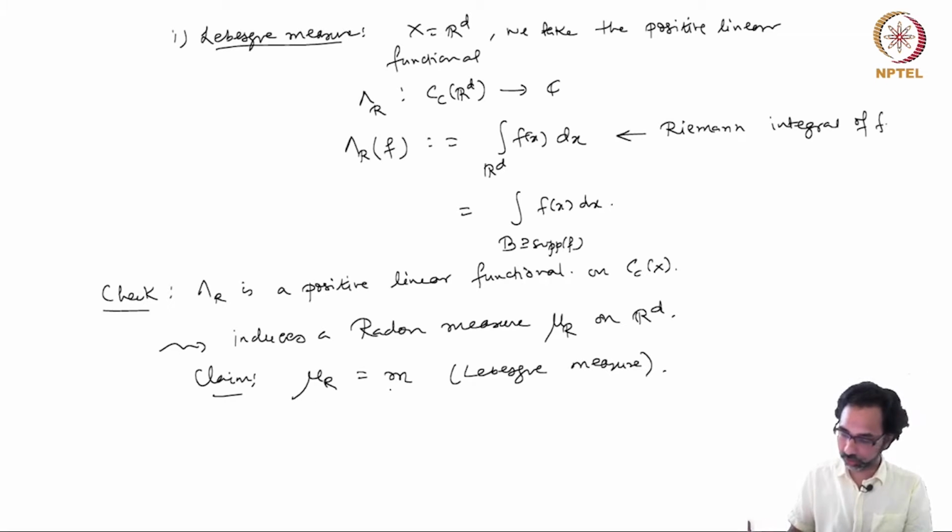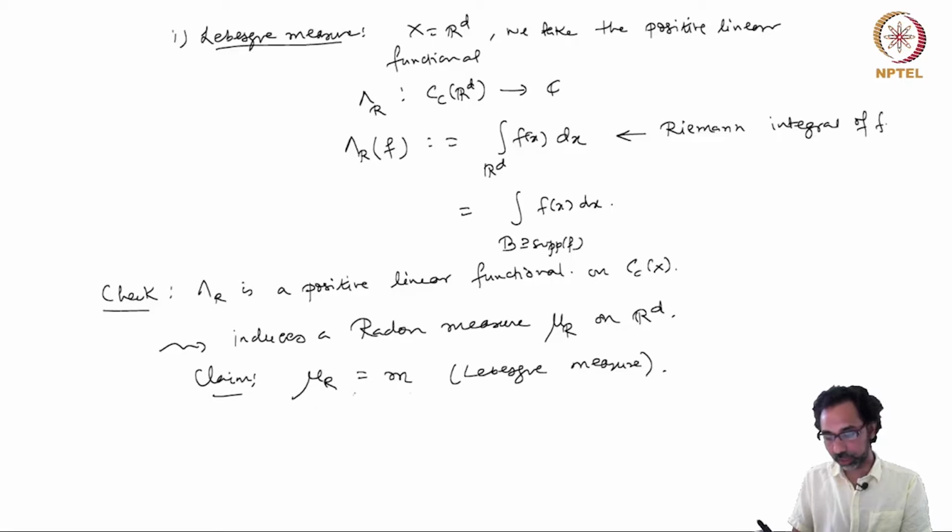To show this, it is enough to show that mu_R and m agree on open sets, because remember that the outer measure defined in the Riesz representation theorem was defined using measures of open sets approximated from above.